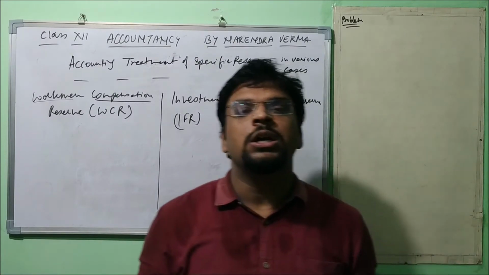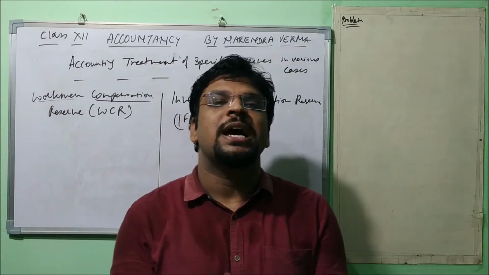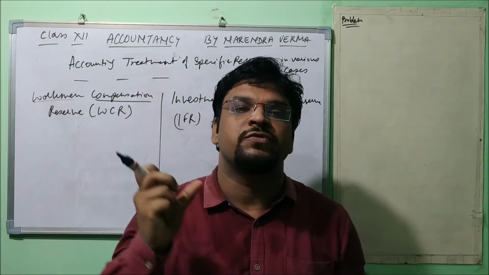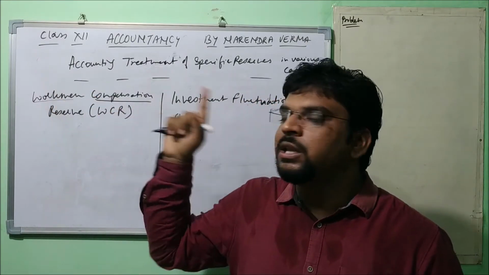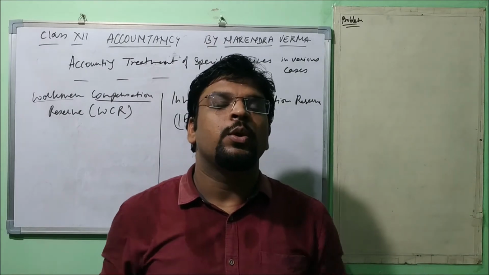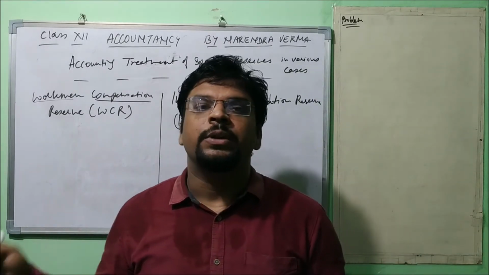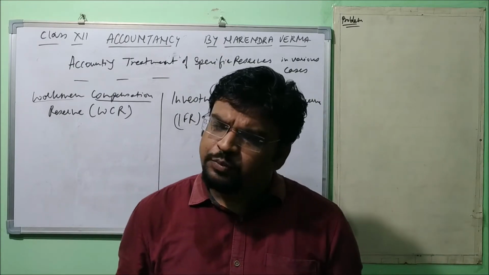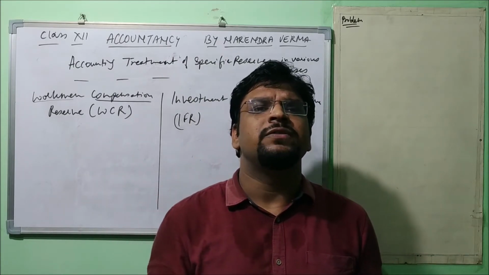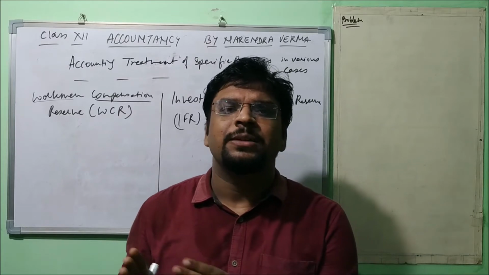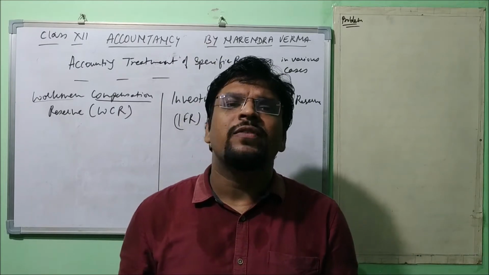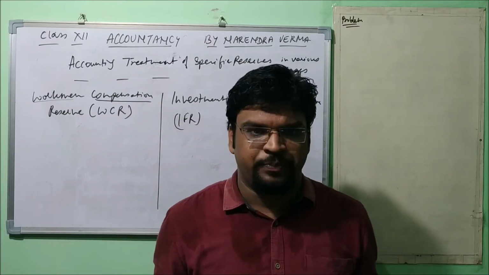Reserve is the amount set aside from the profits for some specific purpose. And what is the purpose here? When the employees or workers are working in the firm, they may be dealing with the operation of plant and machinery. Any kind of accident may take place at any time.